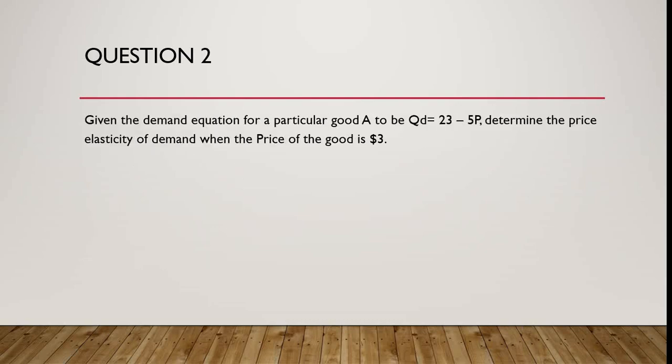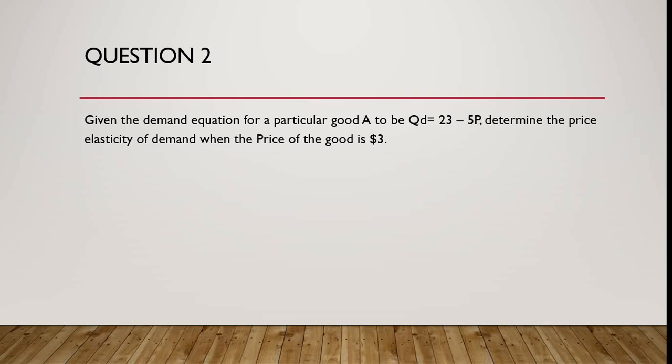Now, let's look at this question. Given the demand equation for a particular good A to be quantity demanded is equal to 23 minus 5p, determine the price elasticity of demand when the price of the good is $3. In this case, we are given an equation instead of the initial prices and initial quantities.